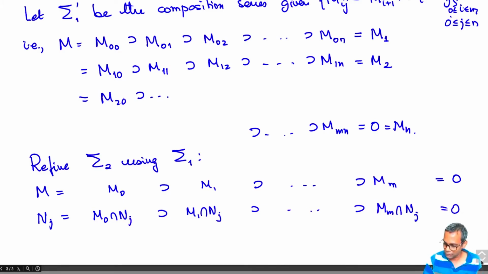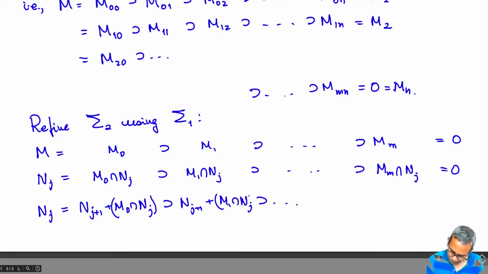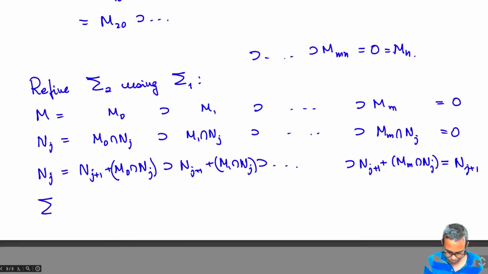And now let's add Nj+1 to each term of this series. So we get Nj+1 + M0 ∩ Nj. This contains Nj+1 + M1 ∩ Nj, and so on. And here we have Nj+1 + Mm ∩ Nj, and this is equal to Nj+1. So what we have is a new composition series which we will call sigma 2 prime.